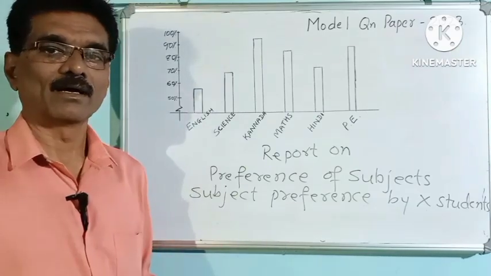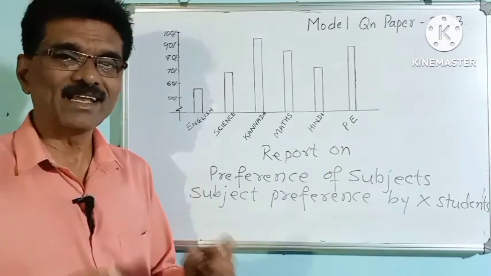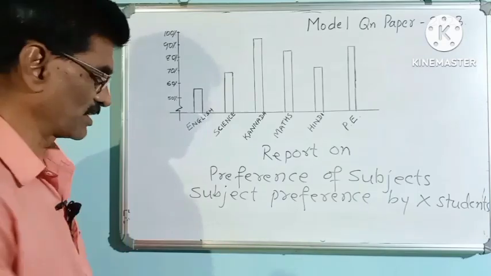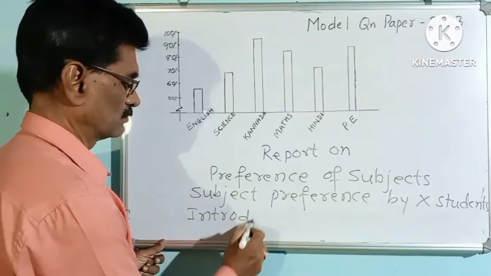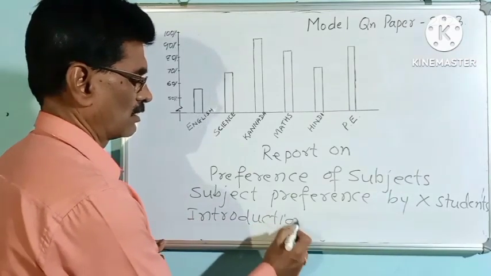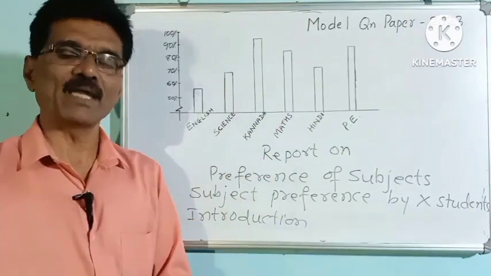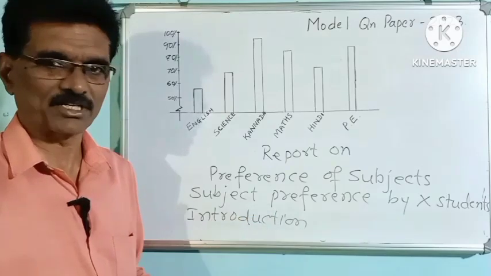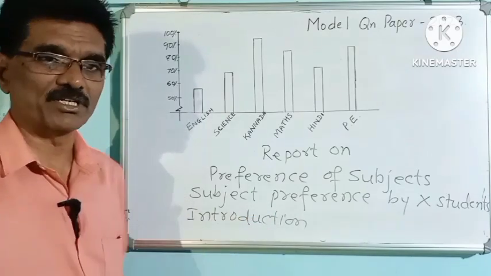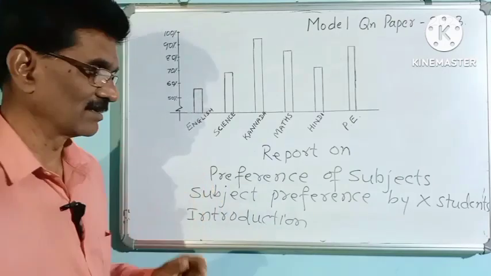Okay. Now the next step is to write a little introduction. Here you write whatever they have given, the same wordings in a little different way. After the introduction, you have to write the highlights of the data.